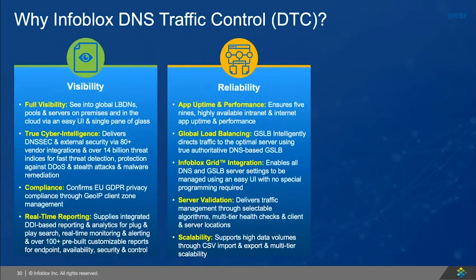Also, Scott, you mentioned things around reliability, so app uptime and performance, the load balancing so that we can intelligently direct traffic to the optimal server. Scott, you mentioned the grid integration with the DNS and GSLB server settings managed through that UI that's really easy. It doesn't require any special programming. The server validation as well to make sure that those server paths are clear before you send traffic, and of course the scalability to support those high volumes through CSV.